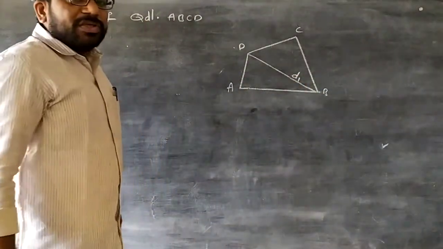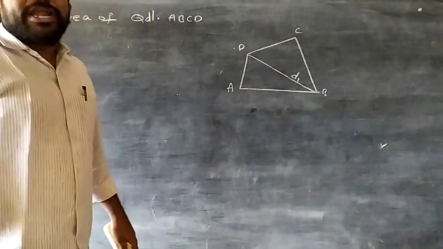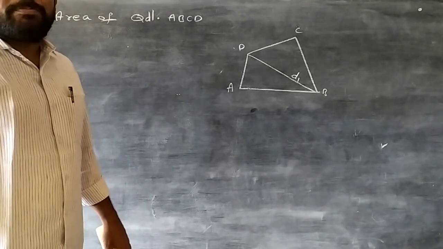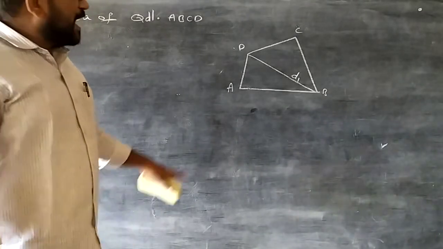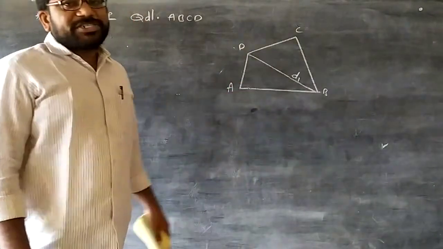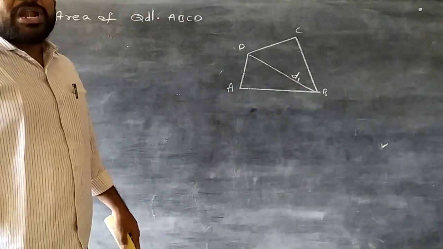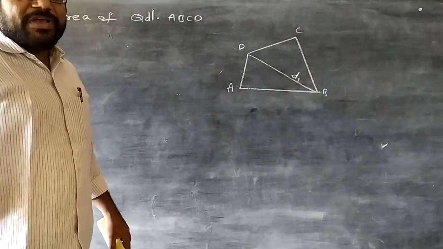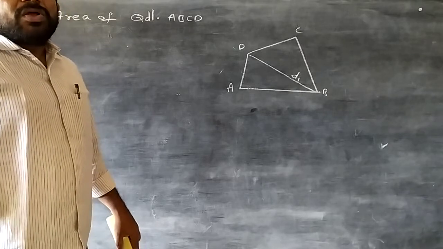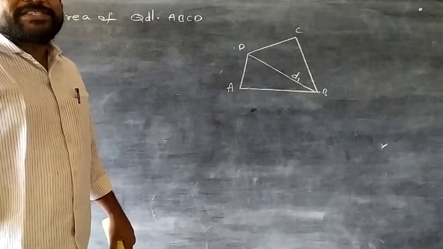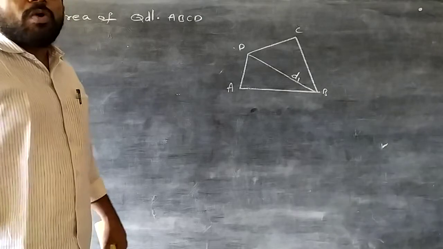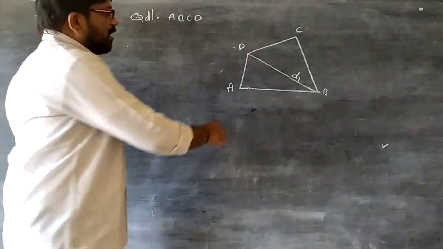So a quadrilateral is a plane figure which has 4 sides, right? A plane, closed figure closed with 4 line segments is known as a quadrilateral, right?